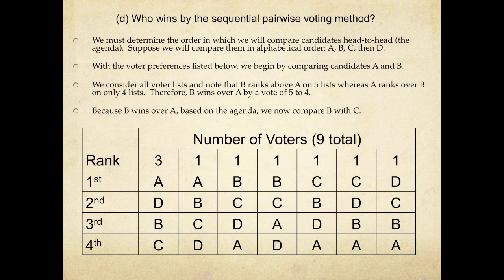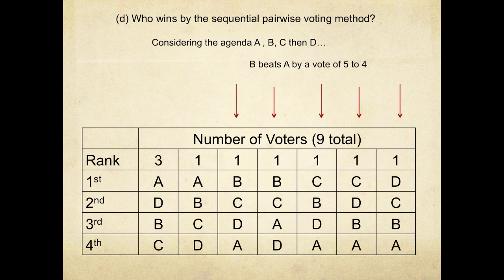And those candidates now are going to be compared one-on-one for a majority. When you compare one-on-one, that's only 2 candidates, you can get a majority in each of those cases. And so the majority winner in each contest then moves on to face the next candidate in the list. And so in this particular example, we're going to start with comparing A and B. So if I compare A and B, I've got B beats A by 5-4.